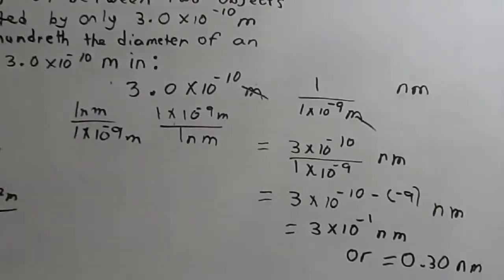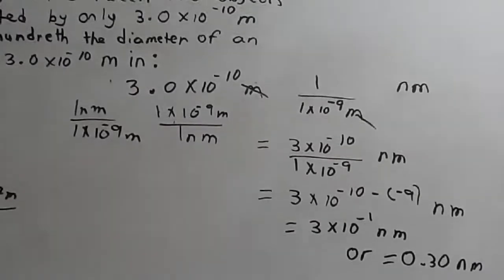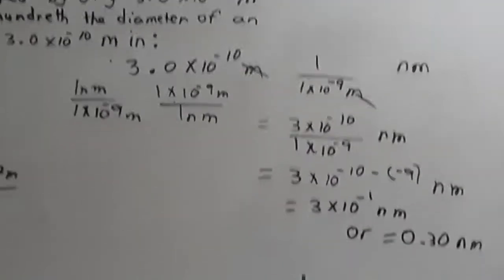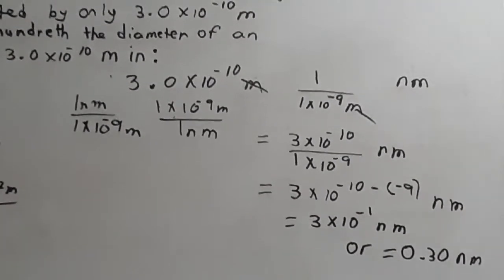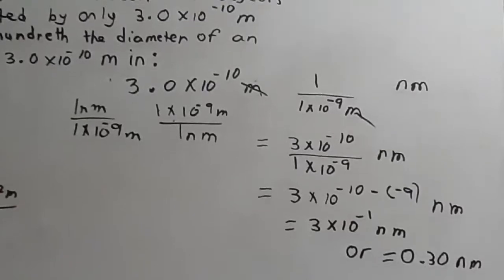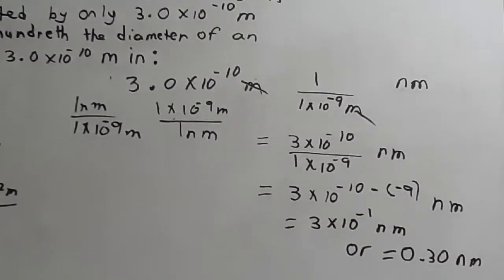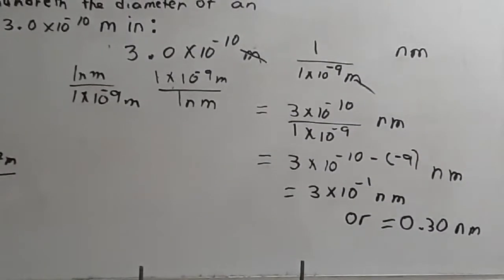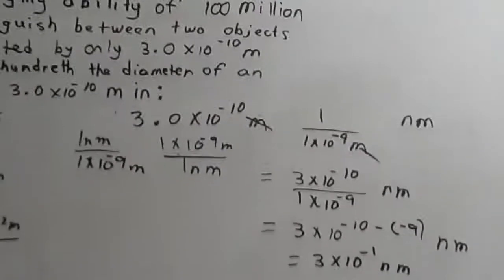So the next step was to multiply 3 times 10 to the power of negative 10 times 1 over 1 times 10 to the power of negative 9, and of course the meter units canceled out. I divided 3 by 1, which is 3. Now whenever I'm dividing an exponent that has the same base, I subtract them, so that would be 3 times 10 to the power of negative 10 minus negative 9, which equals 3 times 10 to the power of negative 1 nanometers, or 0.3 nanometers.